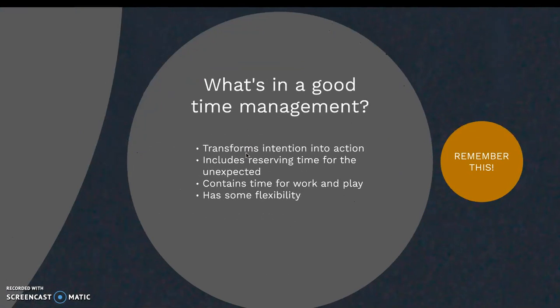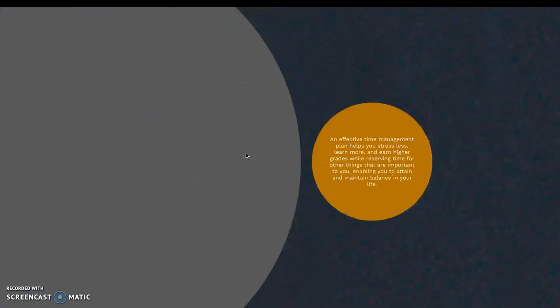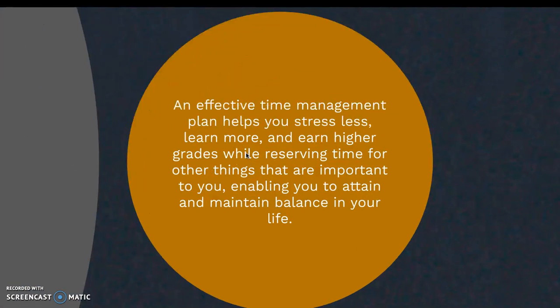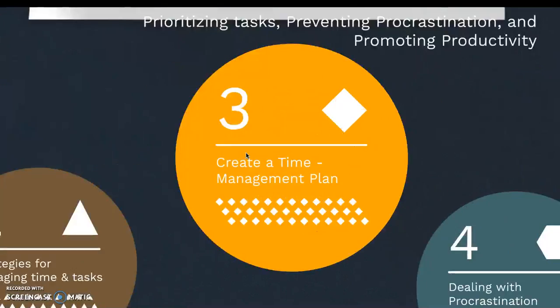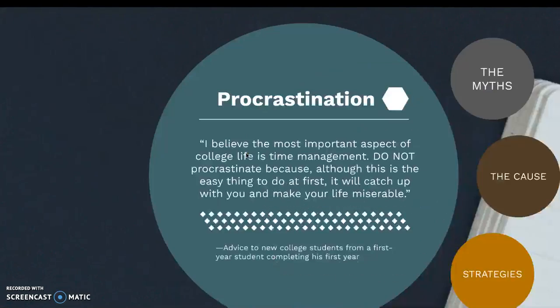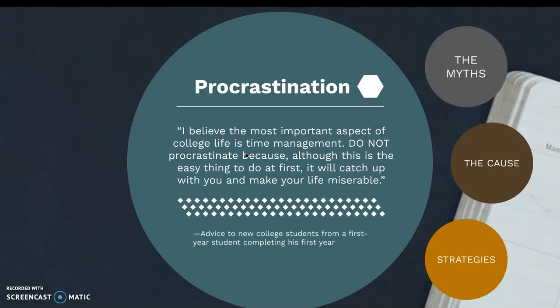What about this one is also this? What's in good time management? And you have to remember this. This one is kind of highlighting. It makes the audience aware of that. And you can also deal with creative time management and procrastination.